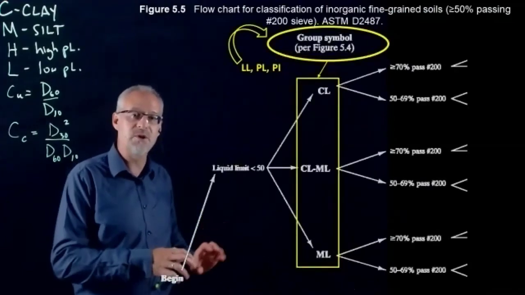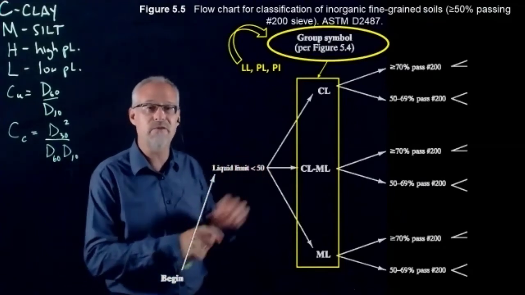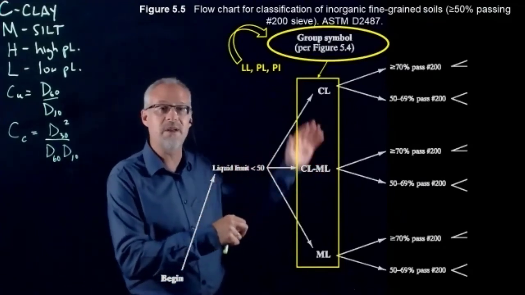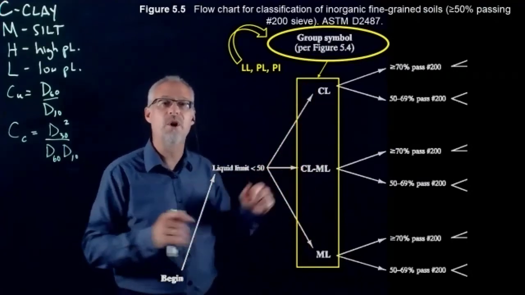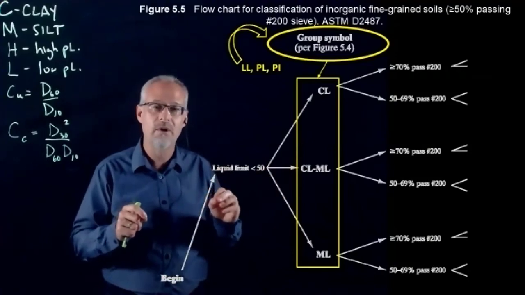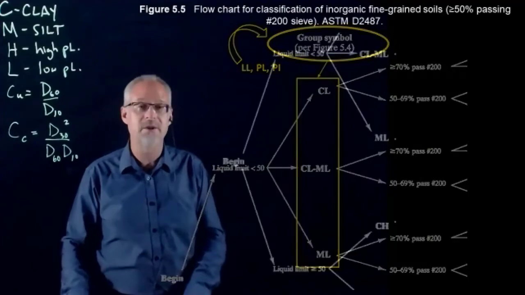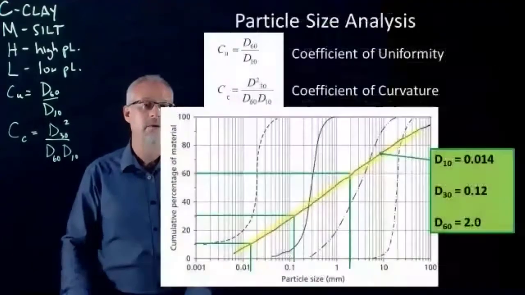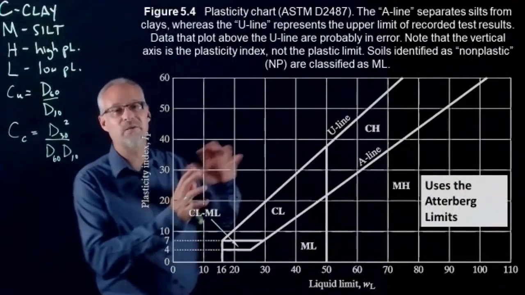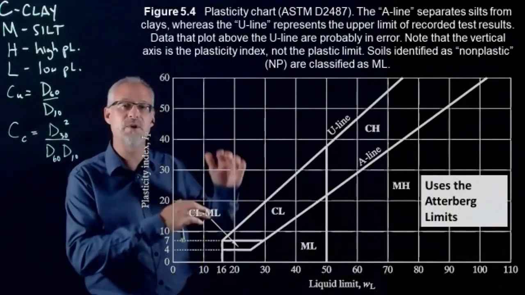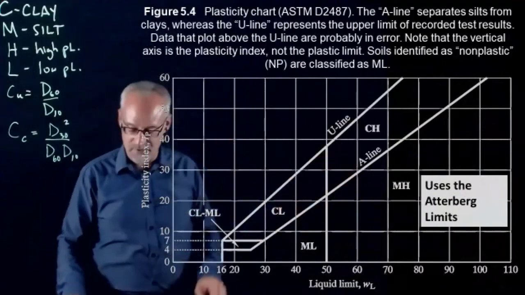And then let's say we carry on in this part of the flow chart with our liquid limit less than 50. The next thing we do is identify that two-letter code, which we call the group symbol, and the group symbol comes from that chart that I talked about before. This one. So we're in the classification process, and we reach the decision point of where it falls on this figure.